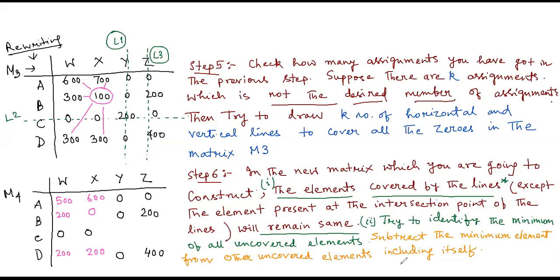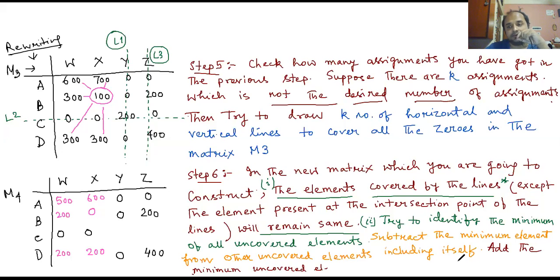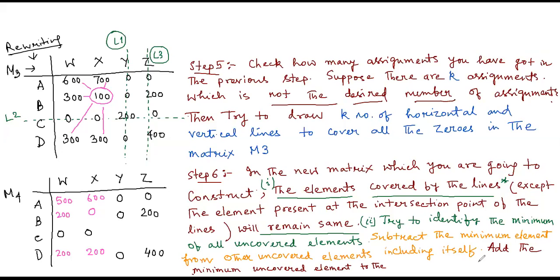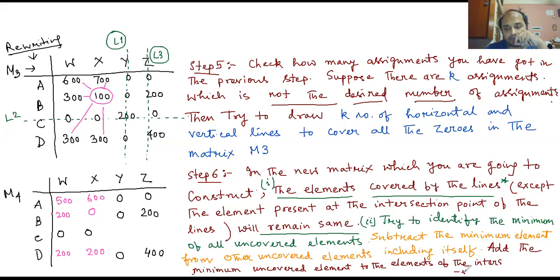And what about the intersection points? Add the minimum uncovered element to the elements at the intersection points.